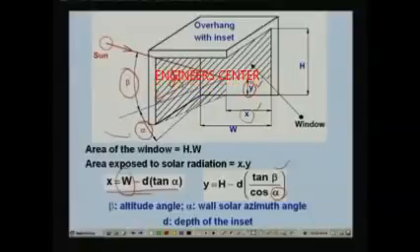So, if you know the width of the overhang and the depth of the inset, and you want to find out at any particular instant how much area of the window is shaded and how much is exposed, you can calculate it very easily if you can calculate the altitude and wall solar azimuth angles.